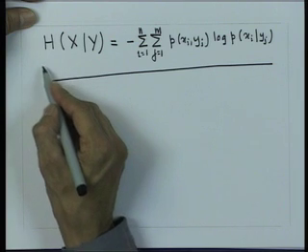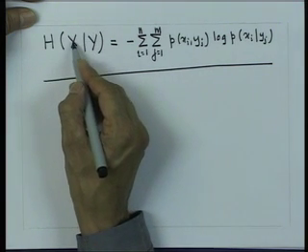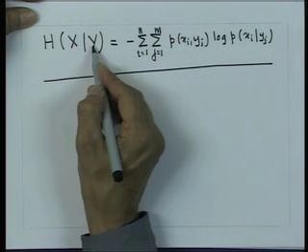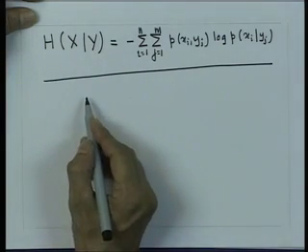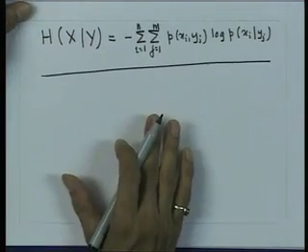This is the average amount of information of x given foreknowledge of y. Now, based on all these definitions, we will try to probe a little further into Mth order Markov source.